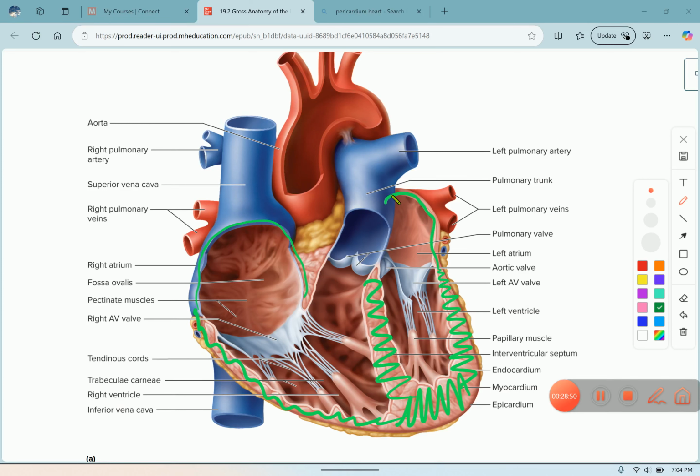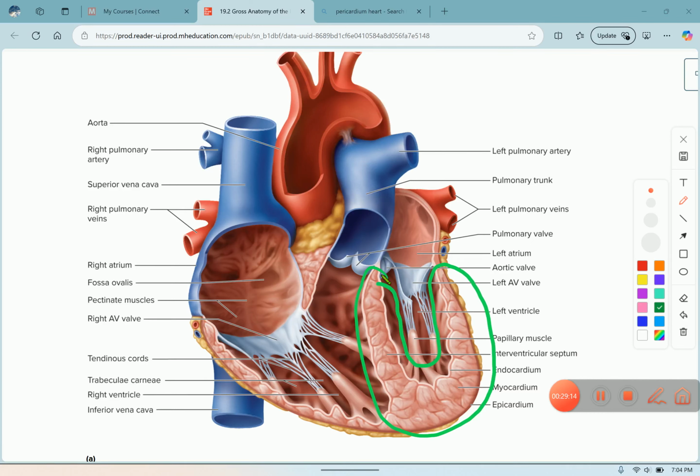All right, so the heart is a muscle. It's cardiac tissue, cardiac muscle. So it's just one big pump and one big muscle. You'll notice that in the left ventricular chamber, notice the myocardium, how thick it is compared to the right ventricular wall.